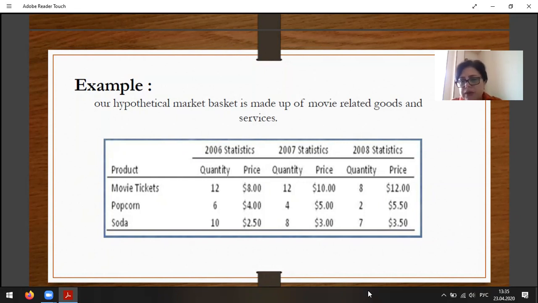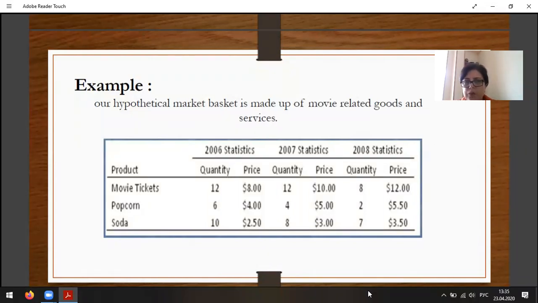The next, 2008 statistics: for some products you may observe an increase in quantity purchased and for some a decrease, but the prices, unfortunately, show a strict increase for all goods in our hypothetical market basket.